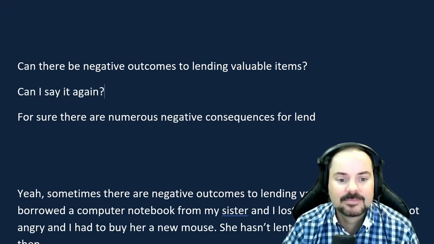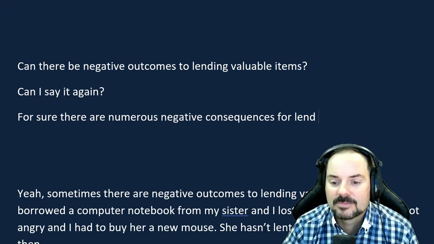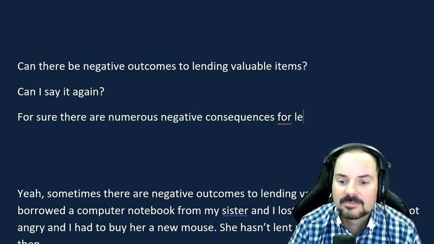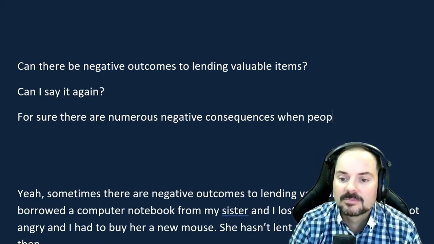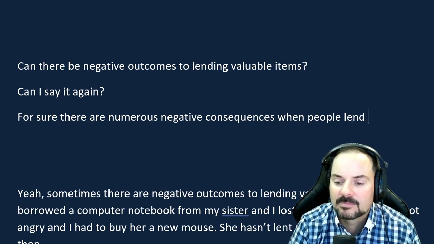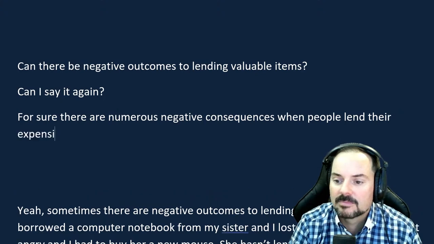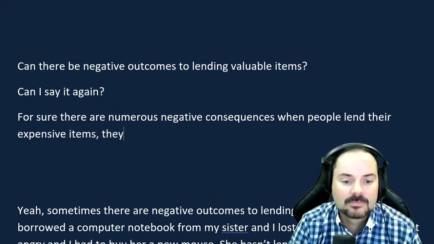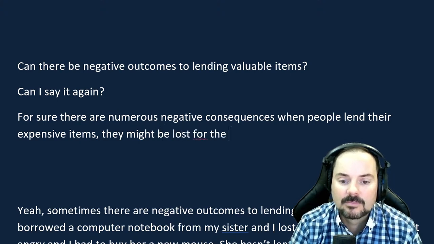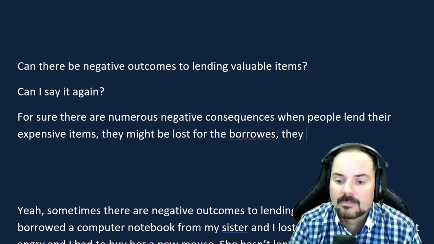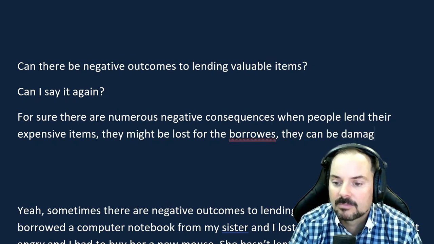For sure, there are numerous negative consequences when people lend their expensive items or their valuable objects, they might be lost from the borrower, and their objects would be returned damaged. My dad last week lent his car to his friend, and he returned it after crashing it into a wall.